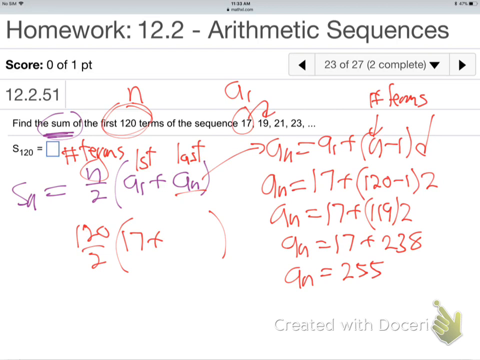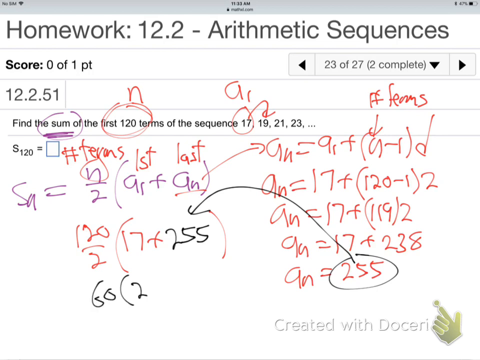Say A sub n is 255. Take that, bring it back. Is that 272 there? I think, and 60 times 272. 16,320. There we go. That good?